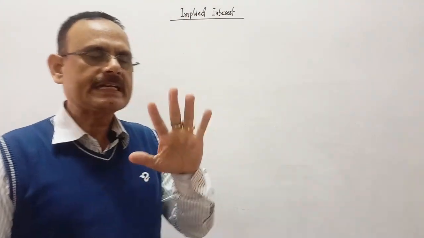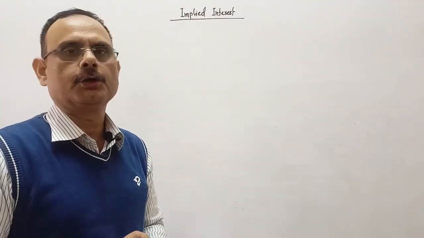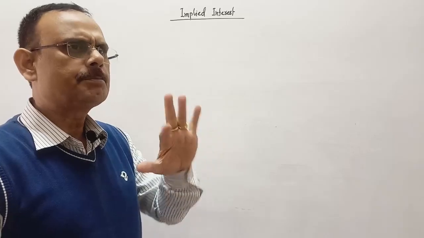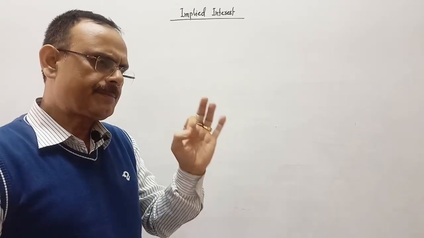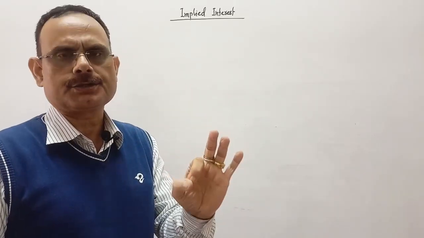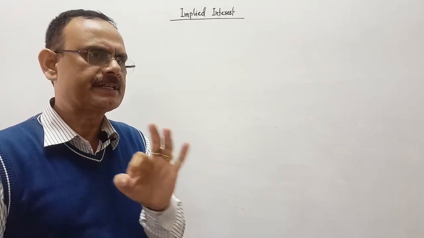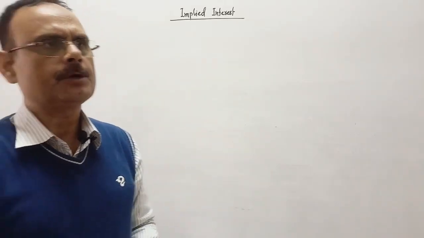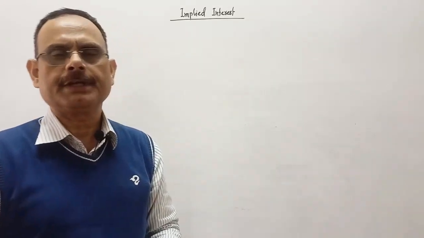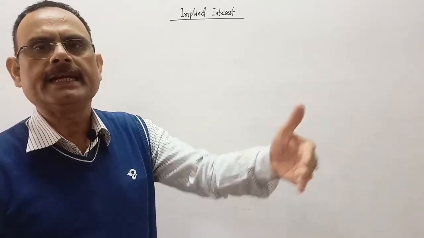One adjustment is related to interest on loan, that is implied. It is not sometimes given straight away in the adjustment in the question, but we have to see the question and then find it out. It's a hidden adjustment.